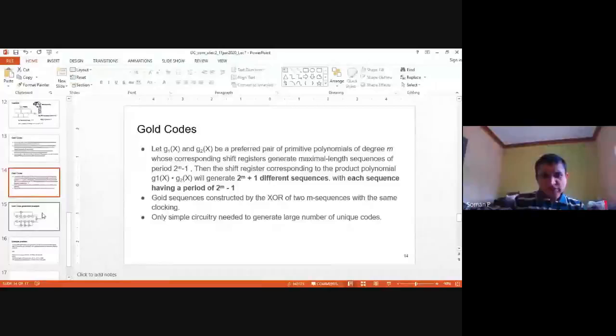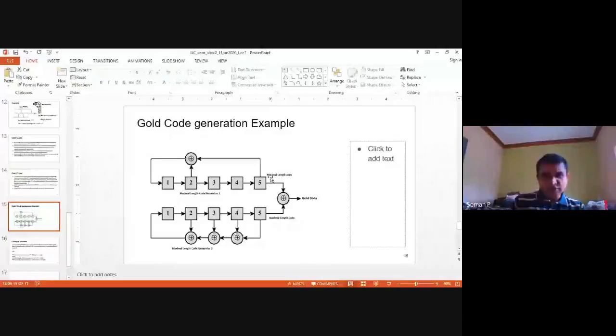If this were not there, how many sequences will you get? The length of the sequence is 2 raised to 5 minus 1, that is 31.